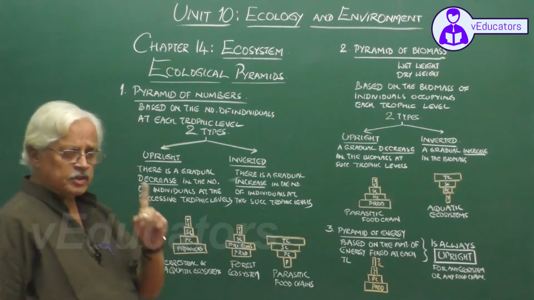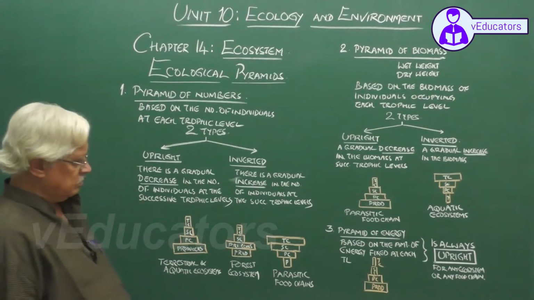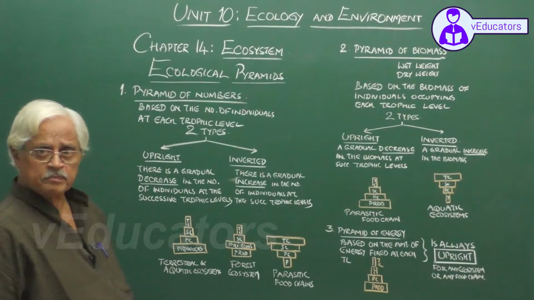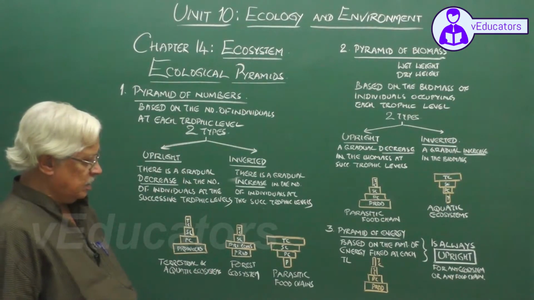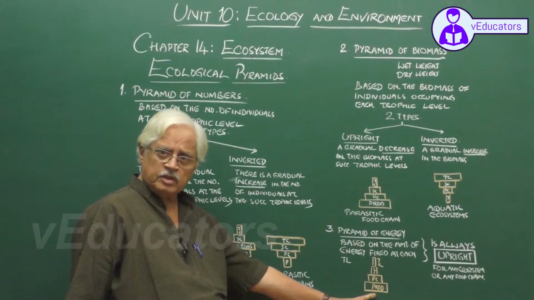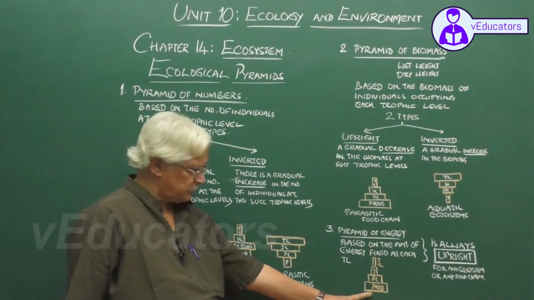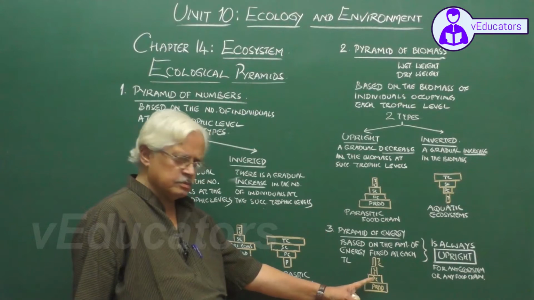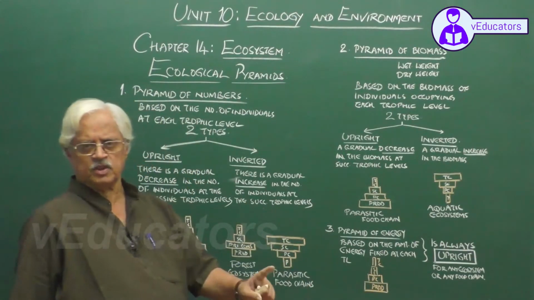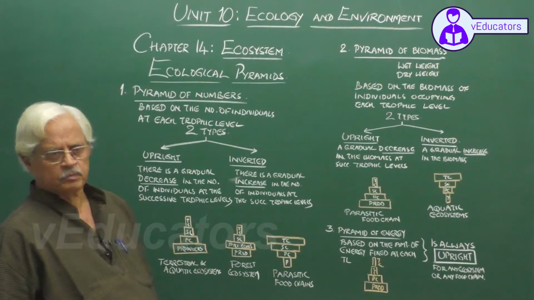We have another important conclusion to arrive from this idea, that is, energy conversion efficiency is the maximum in producers. The next best organisms for energy conversion efficiency are the herbivores.